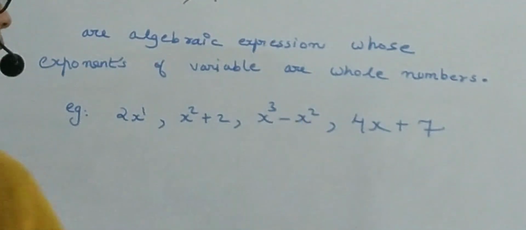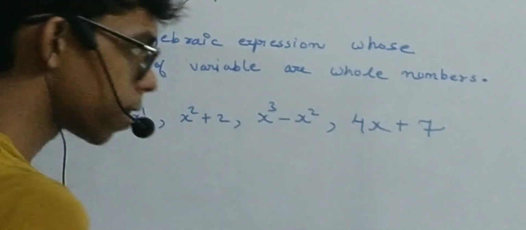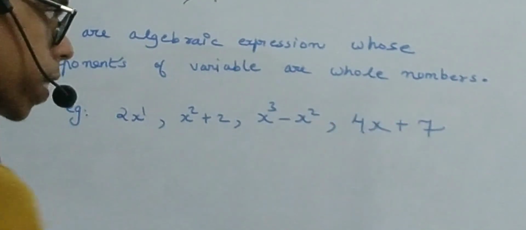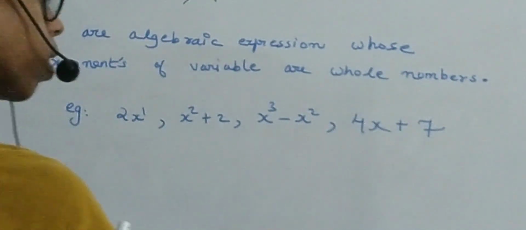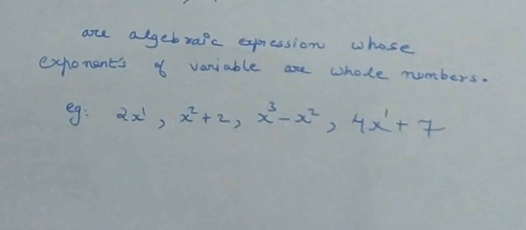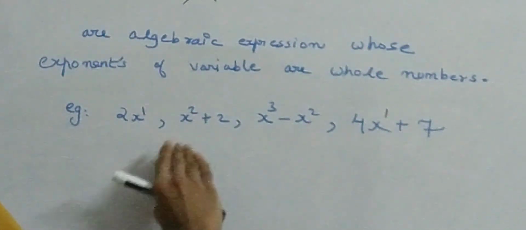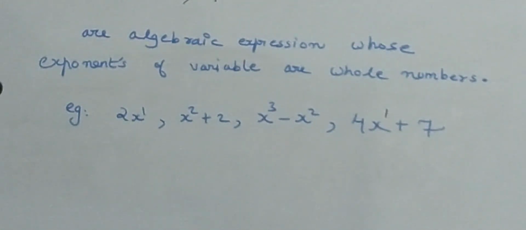Here also 2 is a whole number. Now the last one, 4x plus 7. Here the power of x is what? 1, which is also a whole number. So all the algebraic expressions whose exponents of the variable are whole numbers, we can call them polynomials.